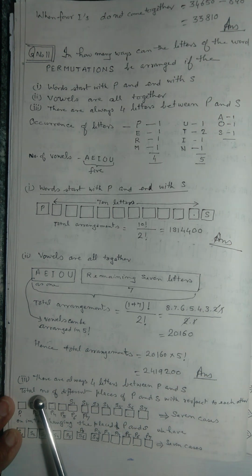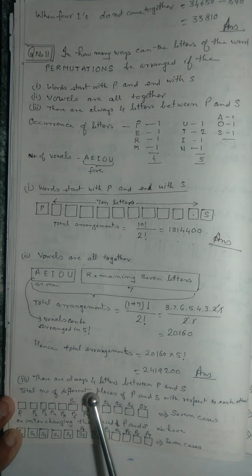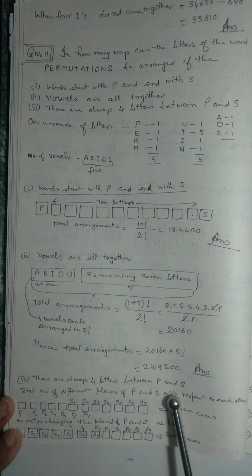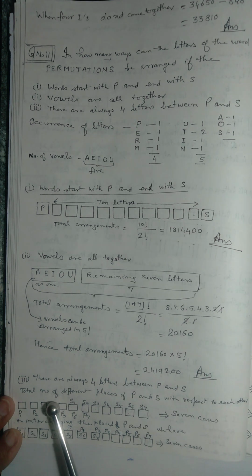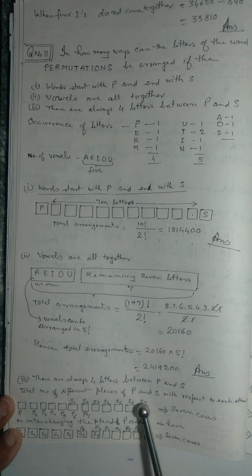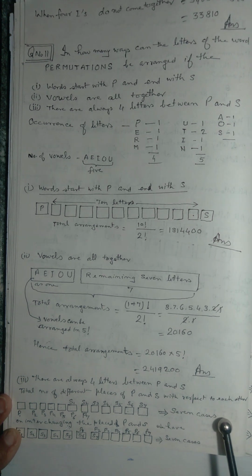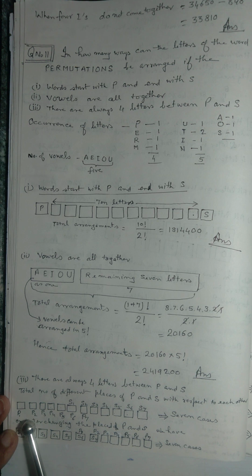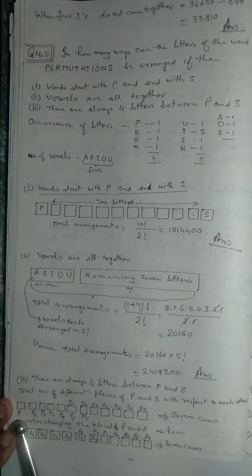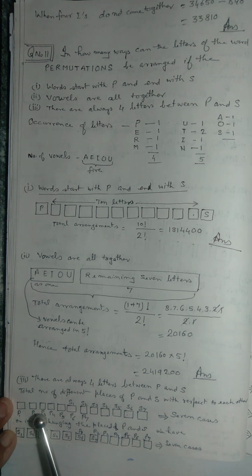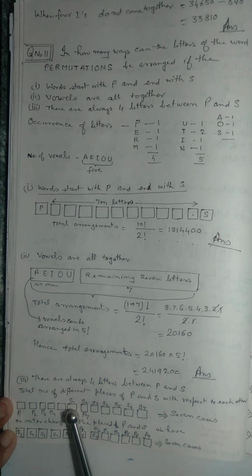Now the third case, there are always 4 letters between P and S. So the total number of the different places of P and S with respect to each other are as mentioned below. You see, P1 has been placed first. So after giving a gap of 4 letters, 1, 2, 3, 4, S has been placed.